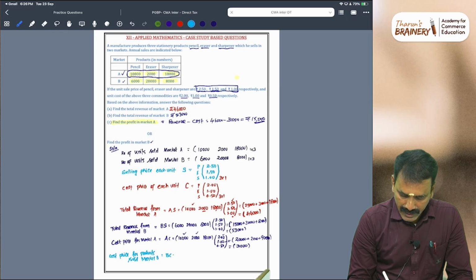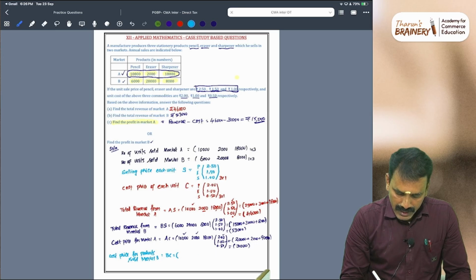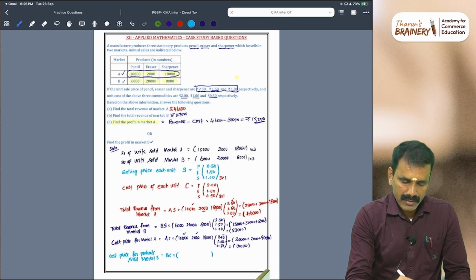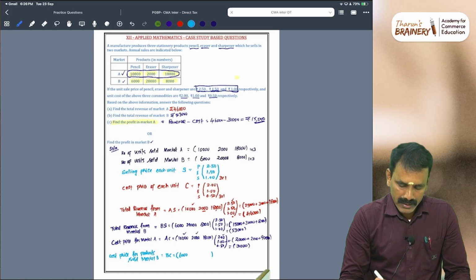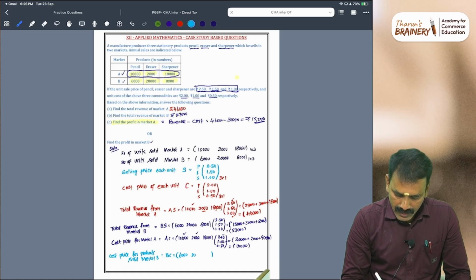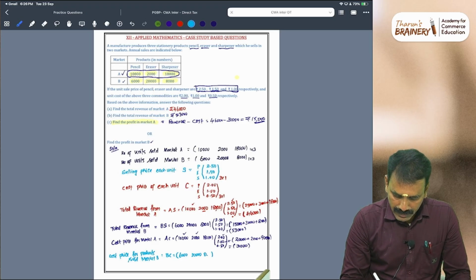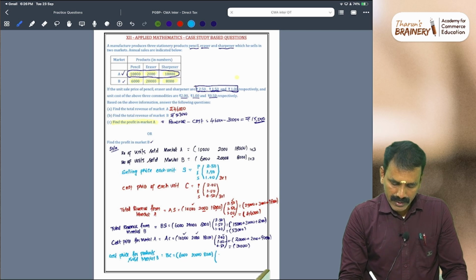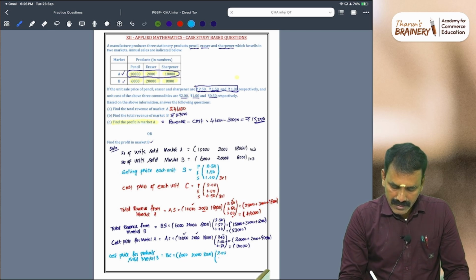B matrix is multiplied with the C matrix. So how many units sold in market B? 6,000 for pencil and 20,000 for eraser and 8,000 for sharpener. And what is the cost price for each unit? For pencil it is going to be 2 rupees, for eraser it is going to be 1 rupee, for sharpener it is going to be 50 paise.